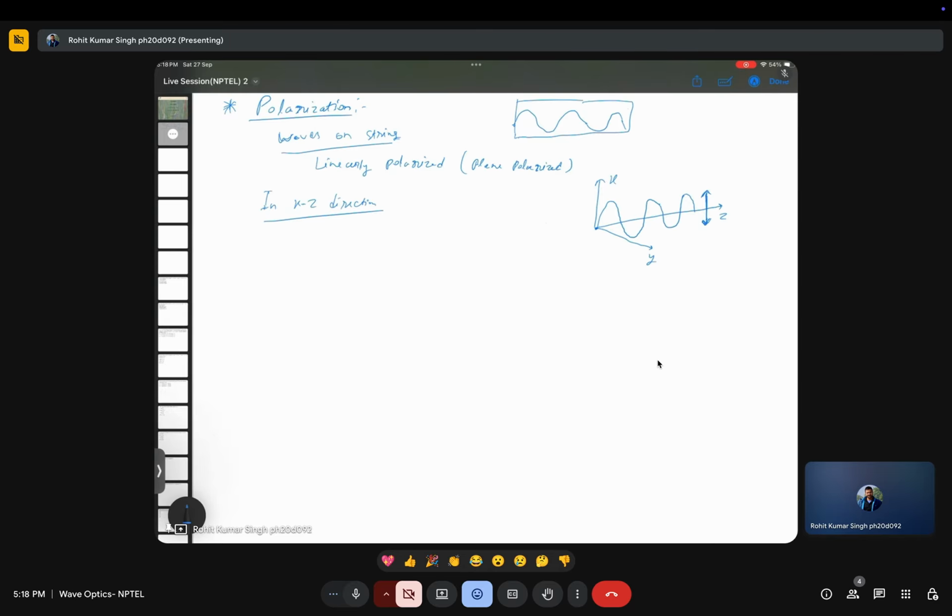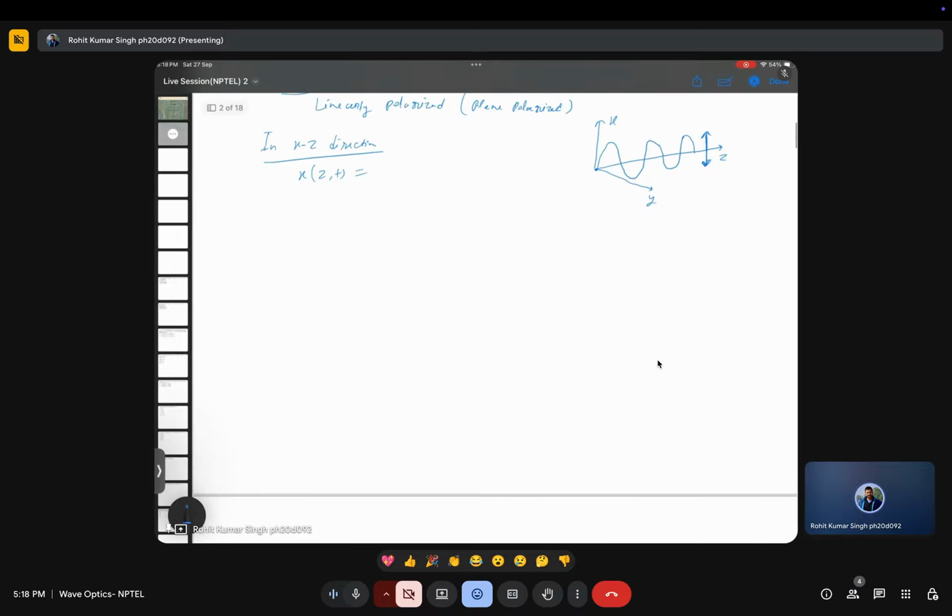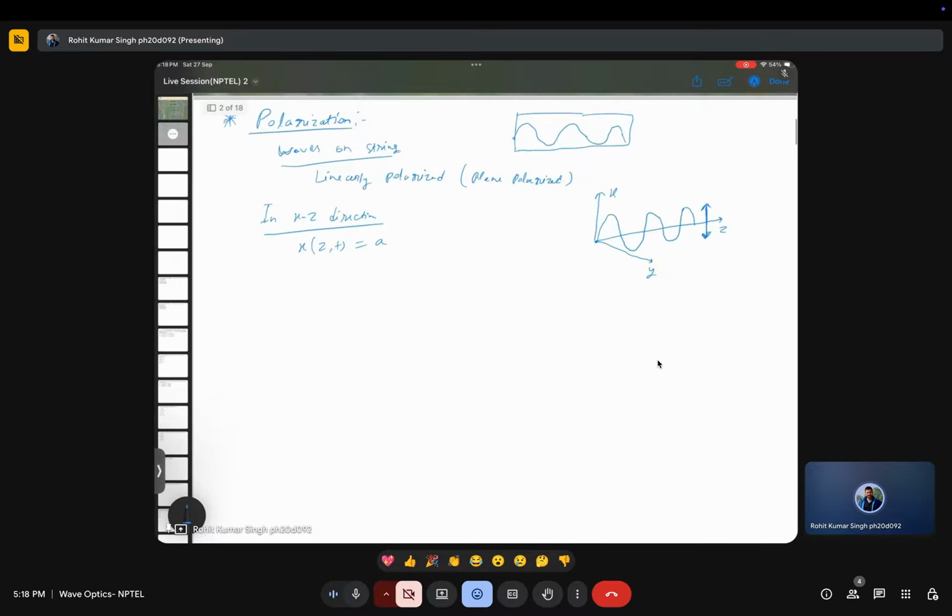There is no oscillation in the y direction, and mathematically you can express it with the wave equation. x will be given by the amplitude a times cos or sine, so we can choose cos of kz minus omega t plus some angle phi, which is the phase. In the y direction, since there is no oscillation, it's 0.